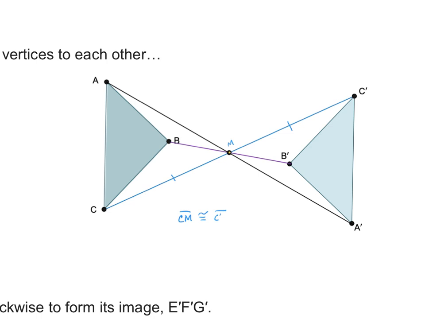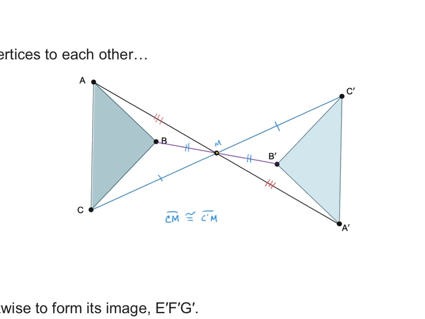And the same thing goes, segment BM and B prime M are going to be congruent because M is the midpoint. And then lastly, AM is going to be congruent to A prime M. So those are the kind of things that we can see and understand what's going on.